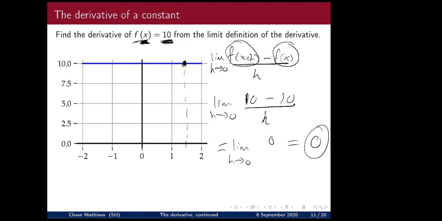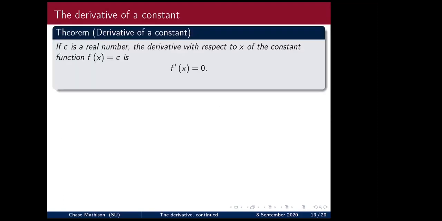So you can show that the derivative of any constant function, if f of x equals c, where c is a constant, then f prime of x, the slope at any point, is 0. Is that too controversial?